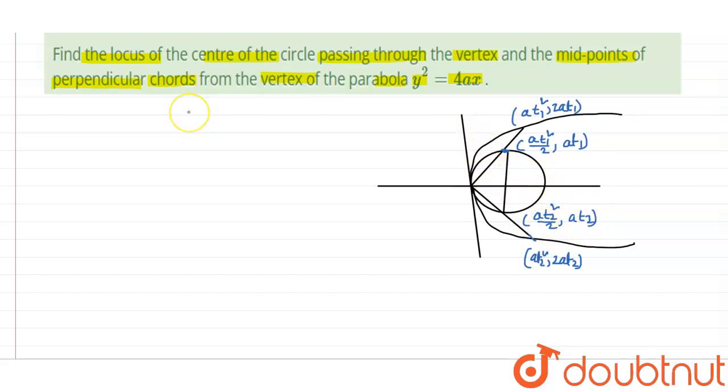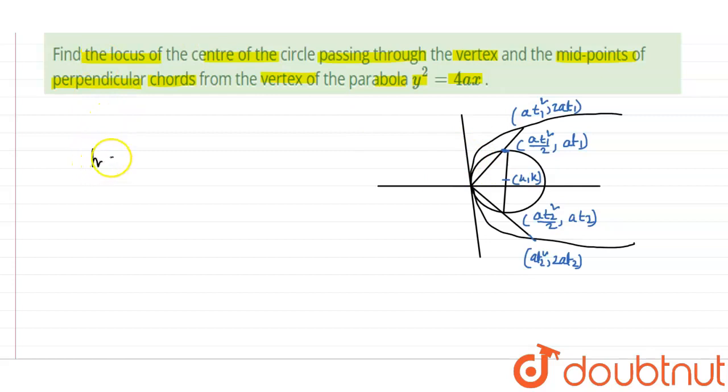And one more point, we consider (h, k). This is the center of the circle. So now h and k is the midpoint of these 2 points.